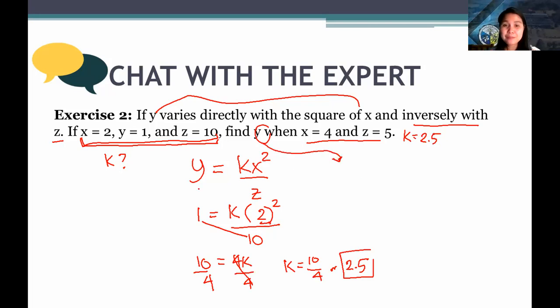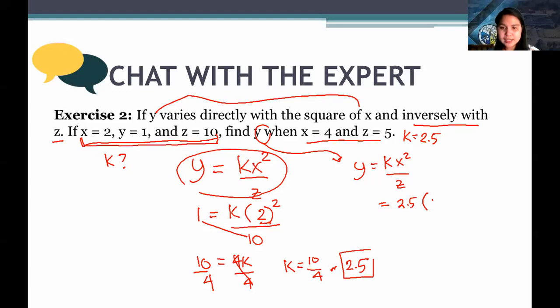Use your mathematical equation again. y equals kx squared over z. Our k is 2.5. Our x is 4 squared, all over 5.